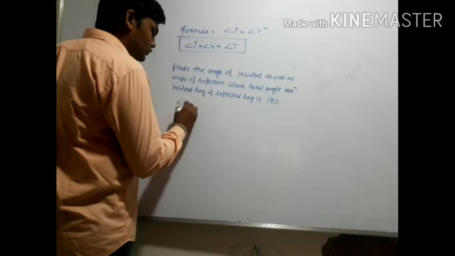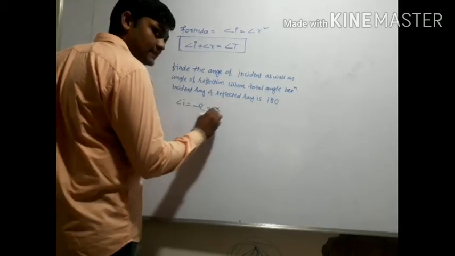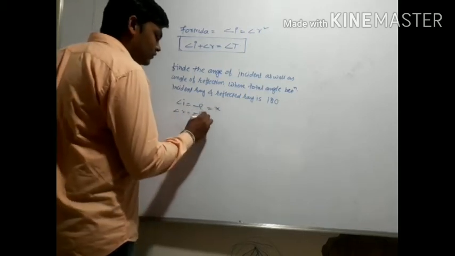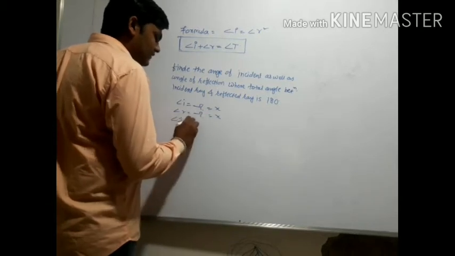Angle of incidence, we don't know, question mark, taken as x. Angle of reflection, we don't know, taking as x. Total angle given, that is 180.